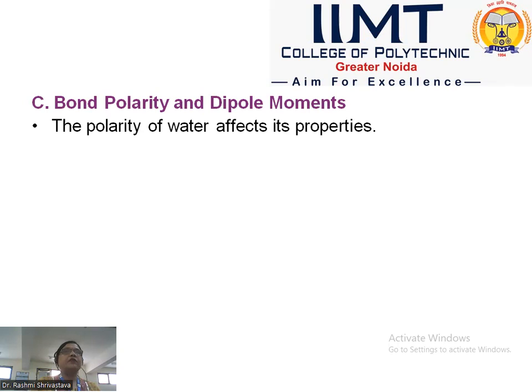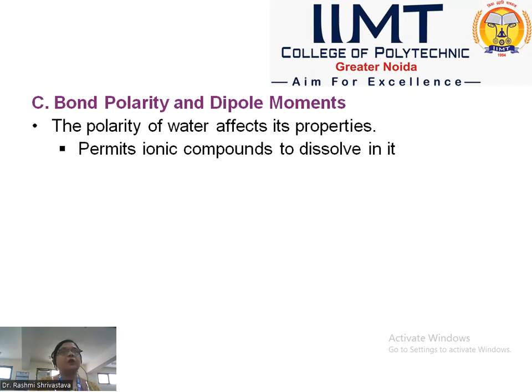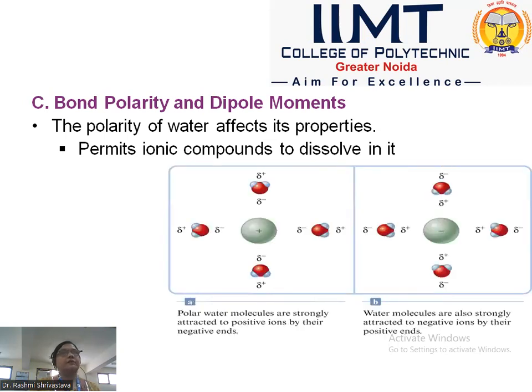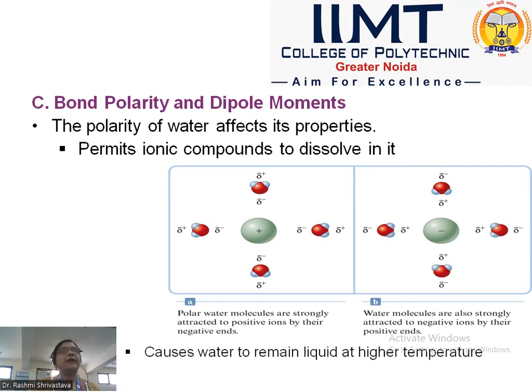The polarity of water affects its properties. It permits ionic compounds to dissolve in it. As we all know, water is a universal solvent. It permits ionic compounds to dissolve due to its polar nature and its high dipole moment.